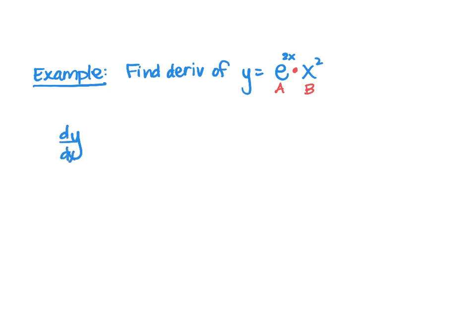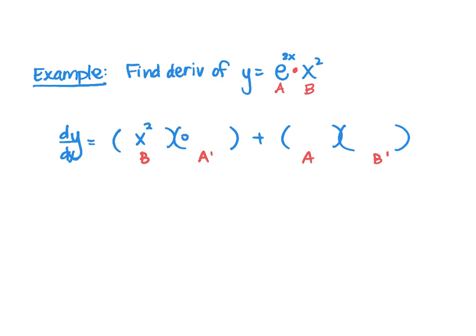So dy dx, you would have the 4 parts of the product rule. So you'd have your b, and then your a prime, and then your a, and then your b prime. So the b part would be x squared, and the a prime part would now require an exponential.